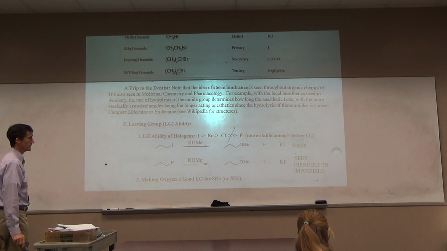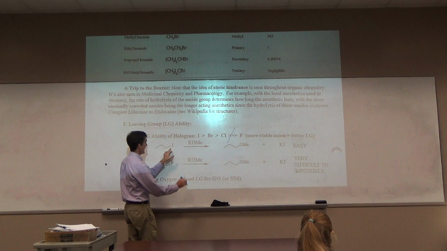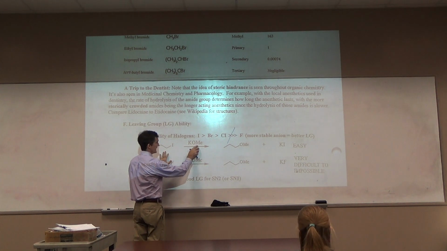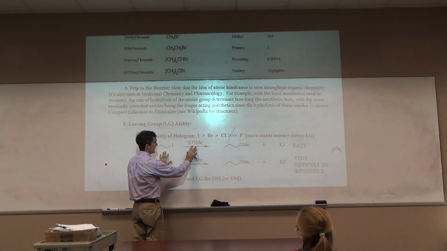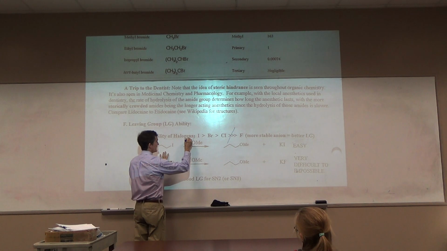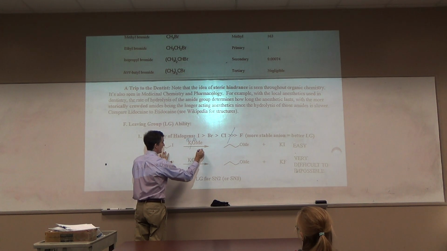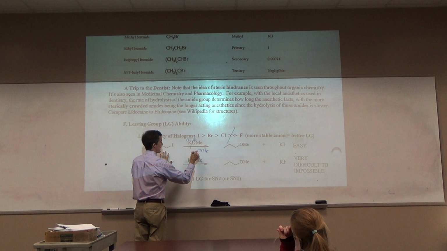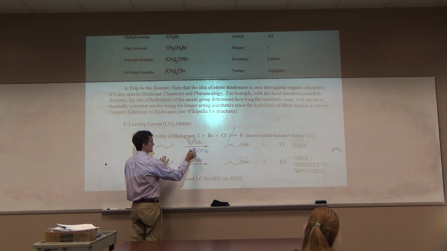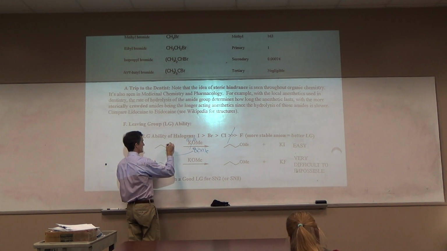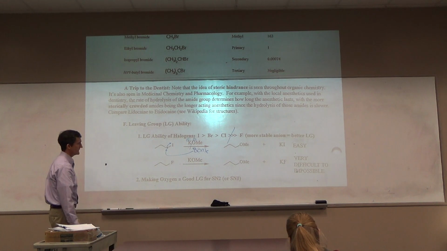All right. For example, you take this alkyl iodide, react it with potassium methoxide. Okay, of course we know that this is K+, that's O-. Right? And this nucleophile will attack here and kick off the iodide.